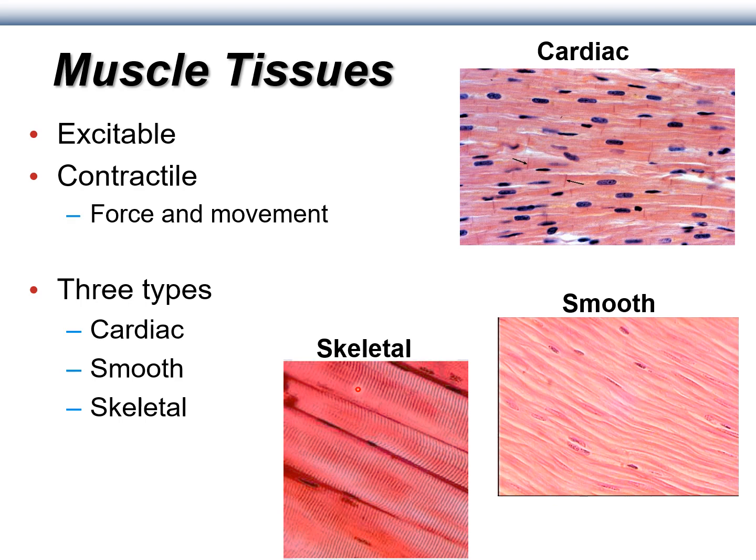So they have multiple nuclei as opposed to uninuclear in smooth and cardiac. Both cardiac and skeletal are striated, even though it's hard to see in this picture. So you can see there are similarities between cardiac and skeletal, and then there are similarities between cardiac and smooth. There's sort of a gradient here.